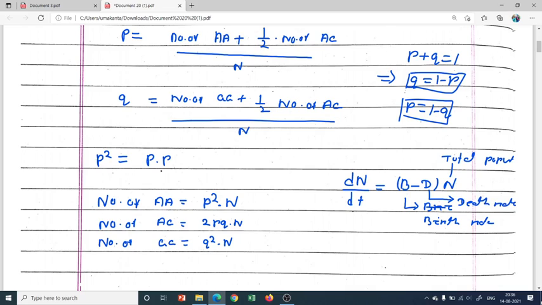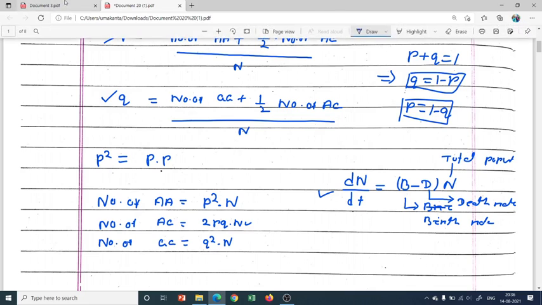These are the basic important formulas. I request you to note down all the formulas and try to solve this question.